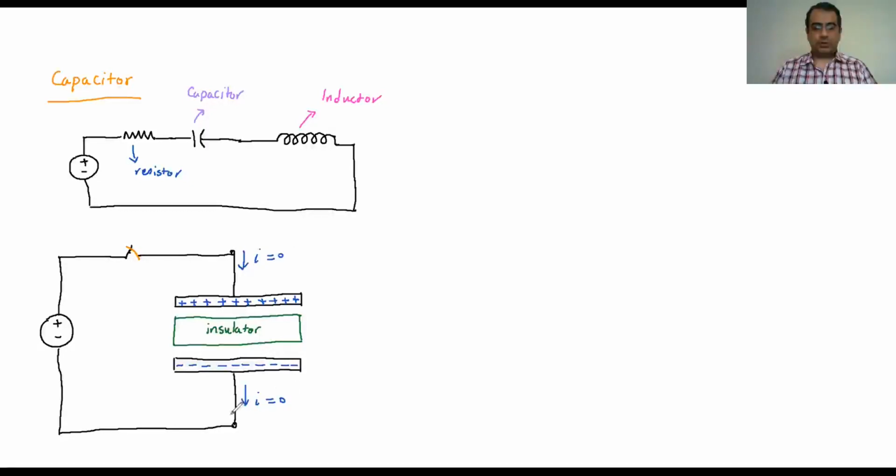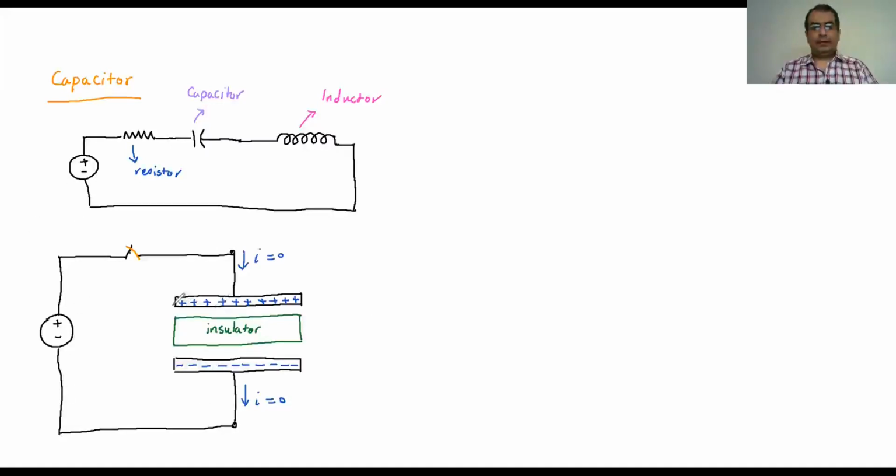because there's no more charge going to go through. So as I close the key, the charge is going to start to build up here, and these charges start to push the positive charges there to move. So at the beginning, I'm going to see the current go through my circuit.